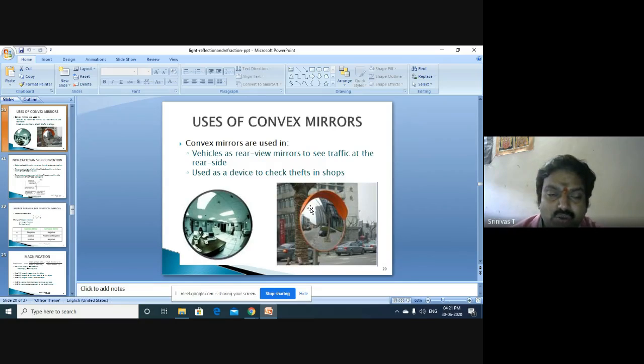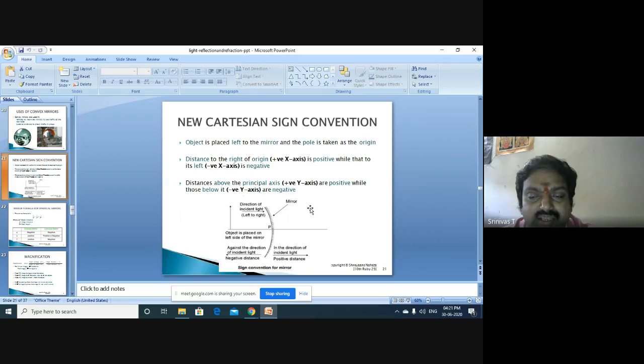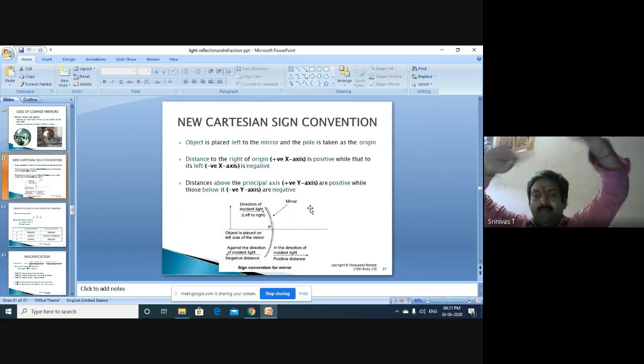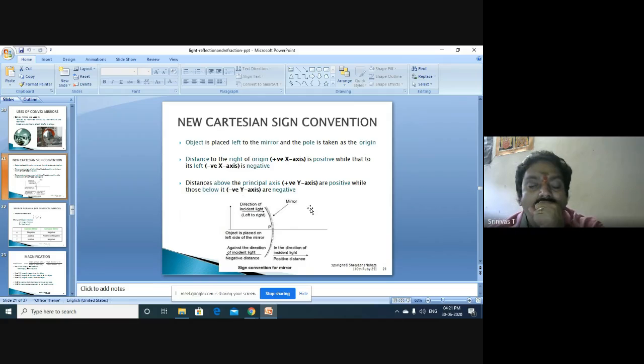Now, the new Cartesian sign convention: how can we assign signs for different cases? First, you take the principal axis as the x-axis. When you observe, first identify the spherical mirror, which is convex here, and the object is placed on the left side of the mirror.